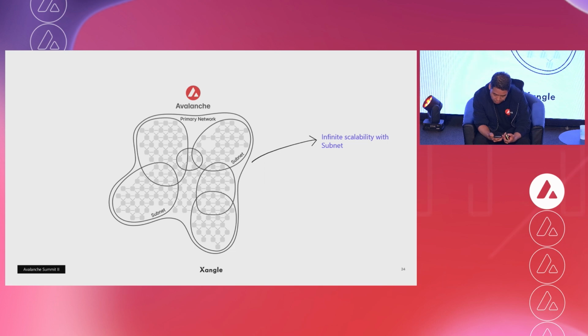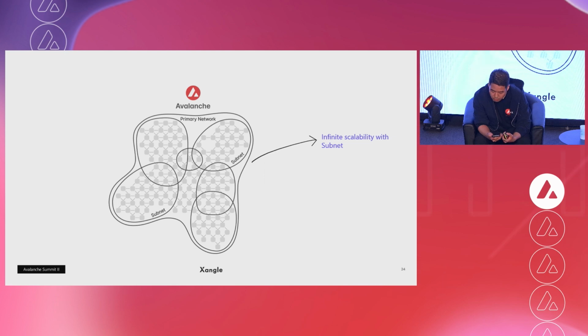Imagine that this open infrastructure environment grows into a scalable environment where you have hundreds, thousands, or maybe tens of thousands of subnets. Validators within each subnet must essentially obtain qualifications for the primary network, which means you have to stake at least 2,000 AVAX.